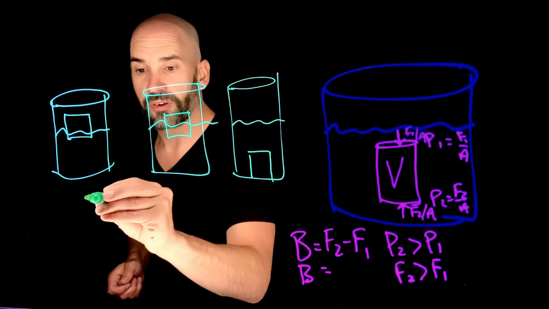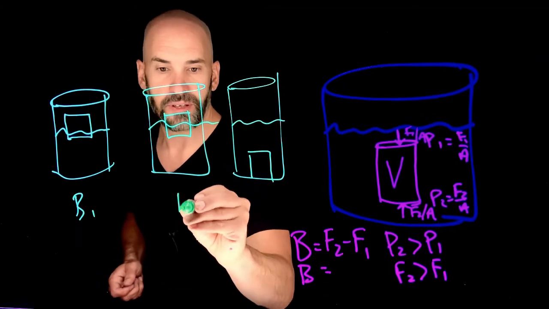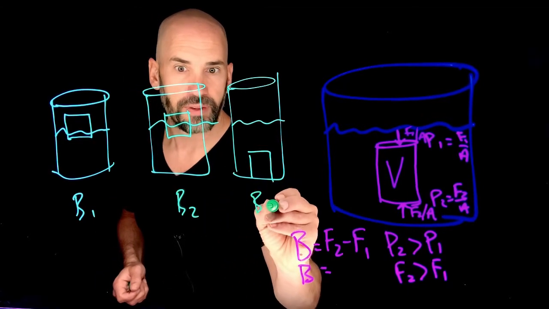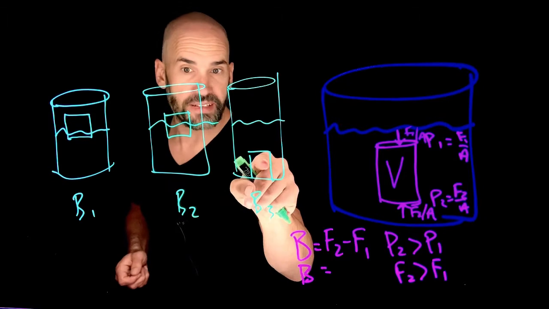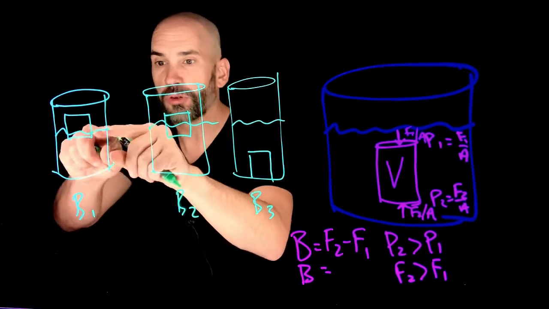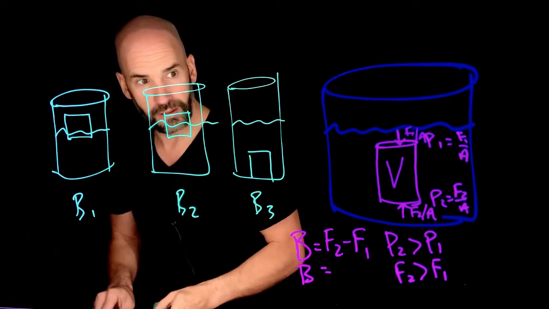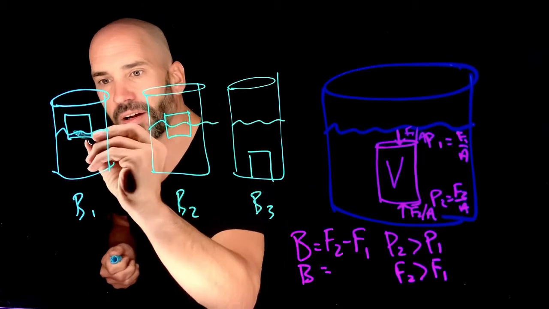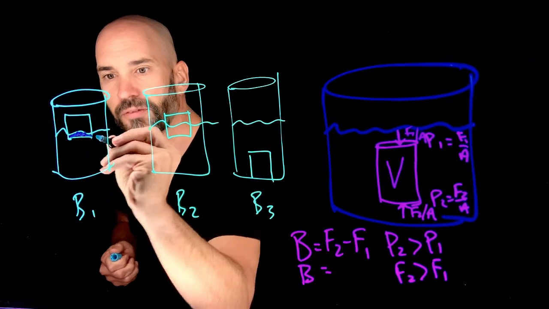Now, the buoyant force here, so if this is B1, this is B2, and this is B3, there's more water displaced here than here, and there's more water displaced here than here, right? There's only this little chunk of water displaced for this one.